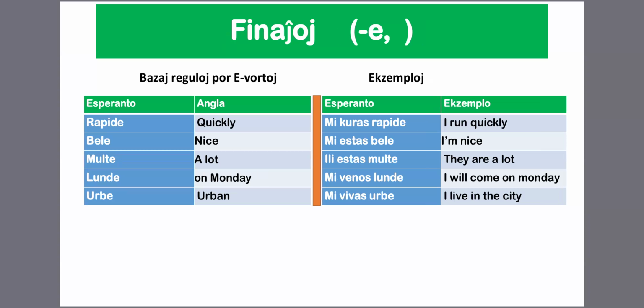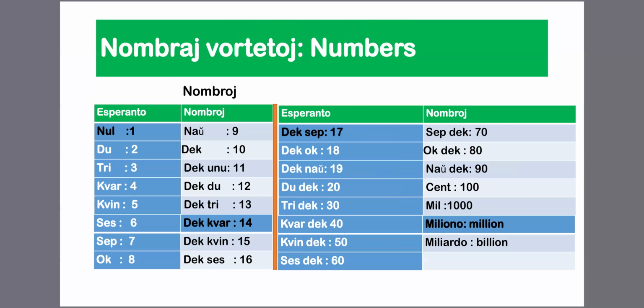So you can even try to look on the internet, Google, for other words which have the meaning of adverbs. You can see a lot of them there. So we're also reading numbers in Esperanto, where we start with nul. Nul is zero.